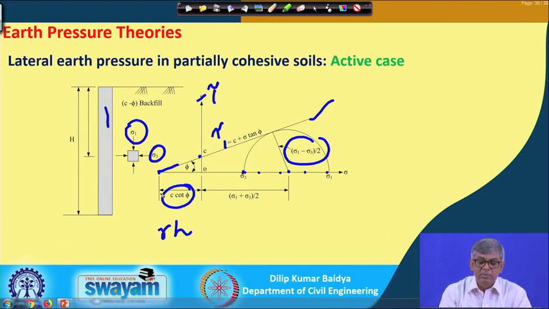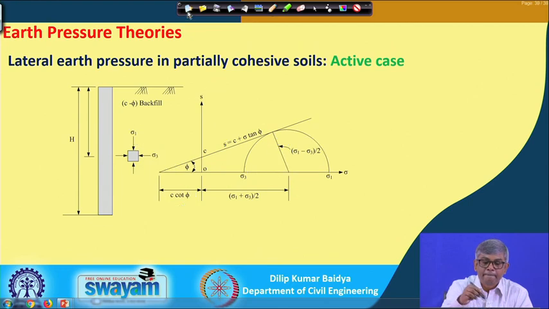Using this geometry, we can consider this triangle. Suppose this is O, A and B. If I take this triangle and express sin phi, then sin phi will be this divided by this. That is what I will try to do in the next slide.